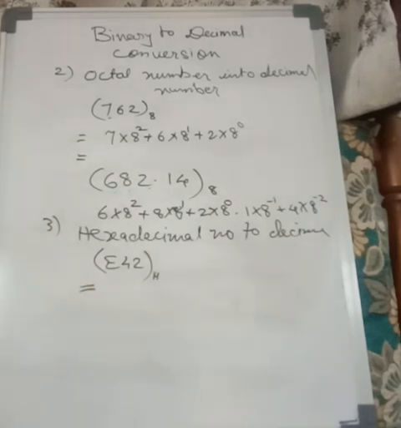First of all, I need to convert this E into a digit. We know A is 10, B is 11, C is 12, D is 13, and E is 14. Sorry, as stated, A is 11, B is 12, C is 13, D is 14, and E is 15.